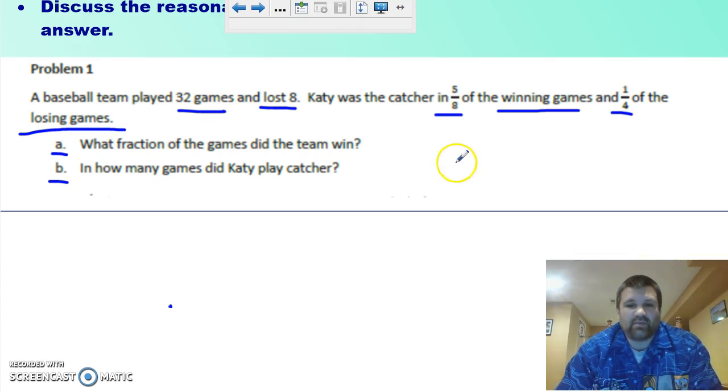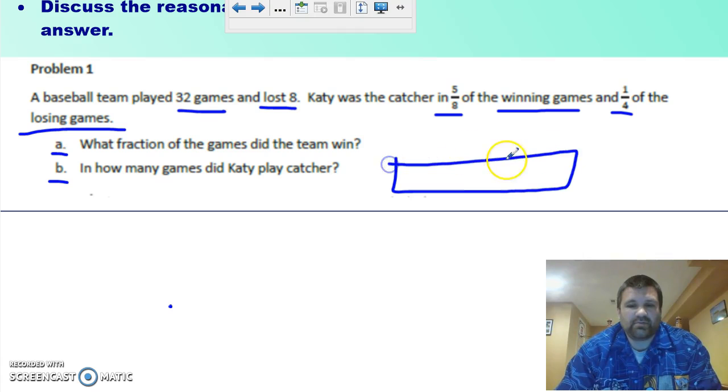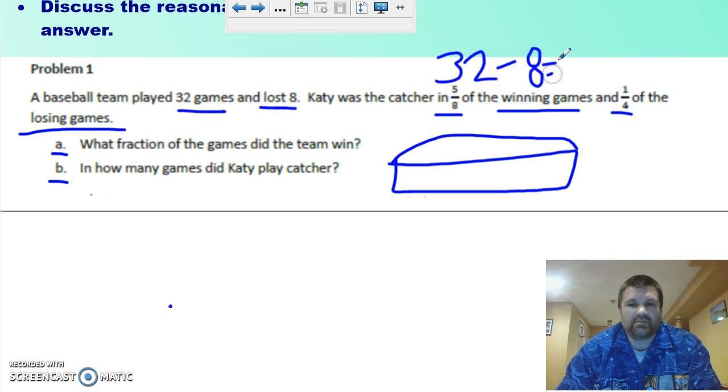We could always draw a cool little tape diagram. 32 was the total games they played. They lost 8. 32 subtract 8 is 24.